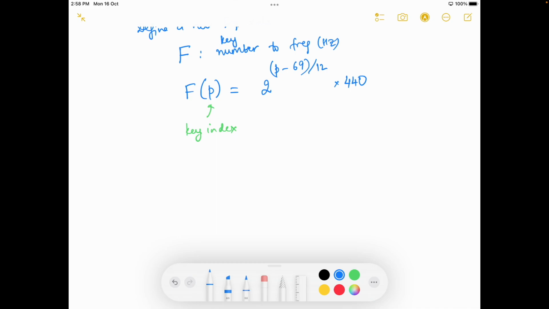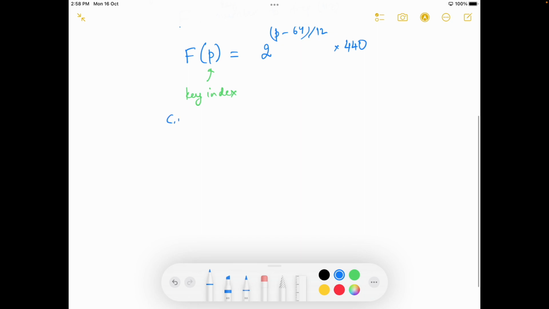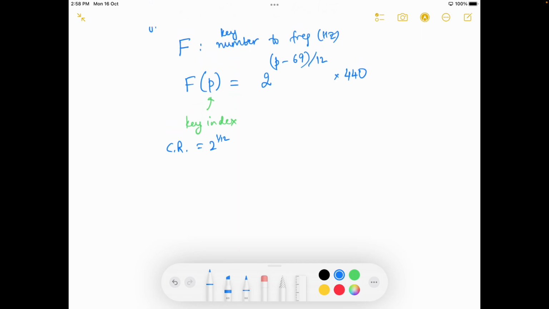From this formula, can you verify that the common ratio is 2 to the power 1 upon 12? Take p equal to 1 and p equal to 0 and take their ratio or something like that.